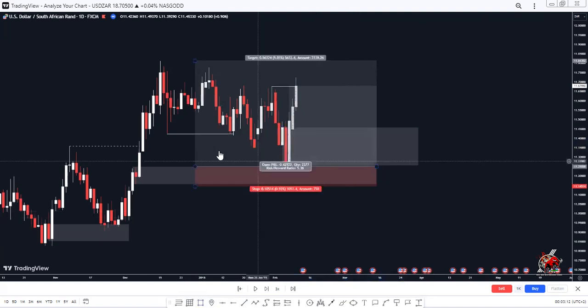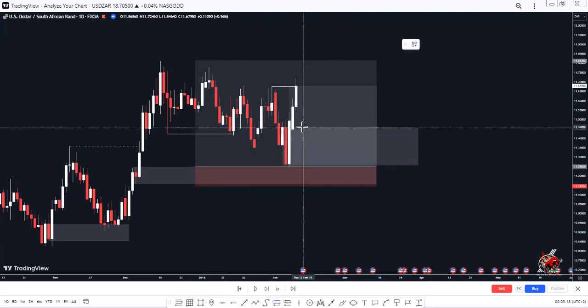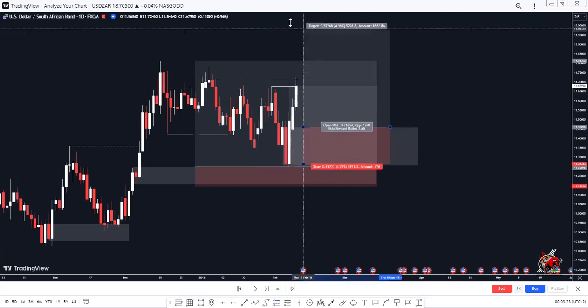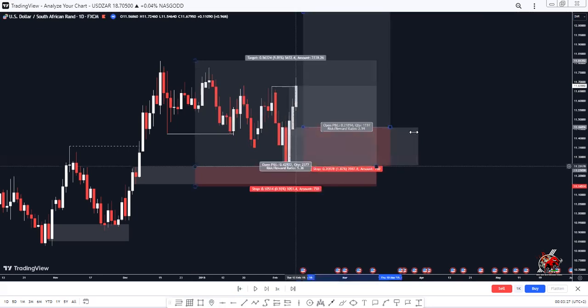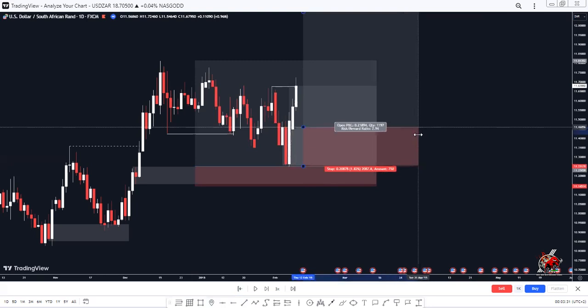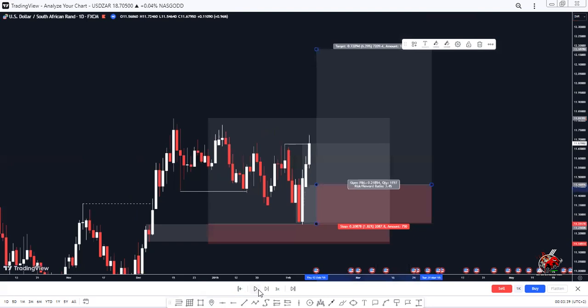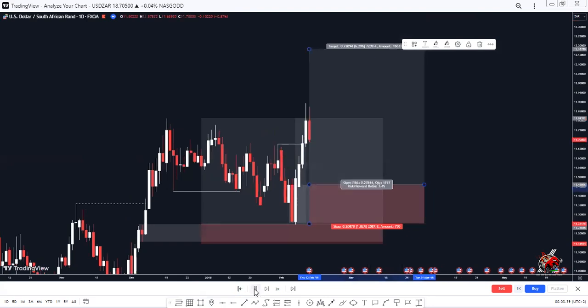So this will be your first trade, and then your second trade will be on this one, and then you can chase maybe 3% or 4%, right? And then your stop loss below. Let me just do it like this. Just say 3%, yeah. And then let's let it play.